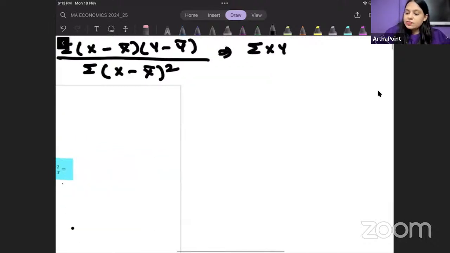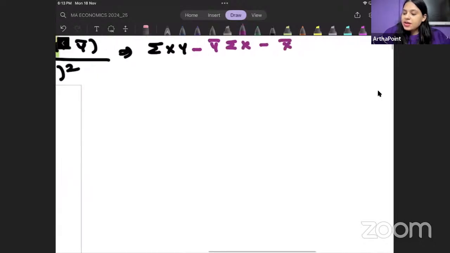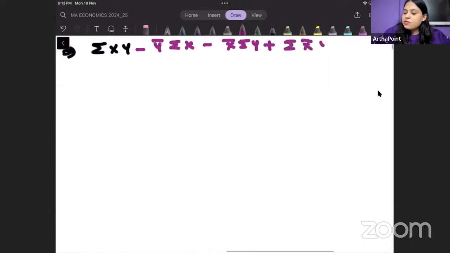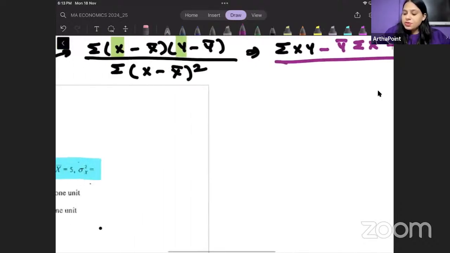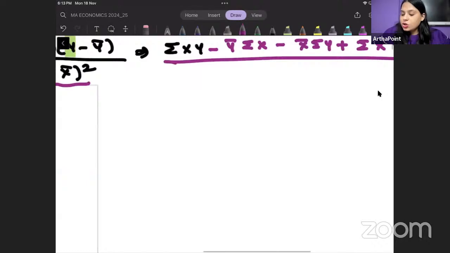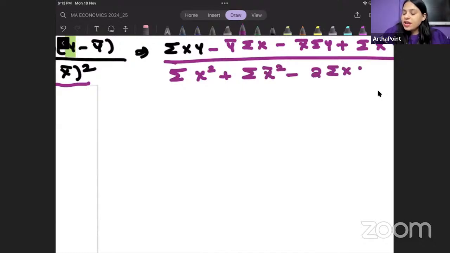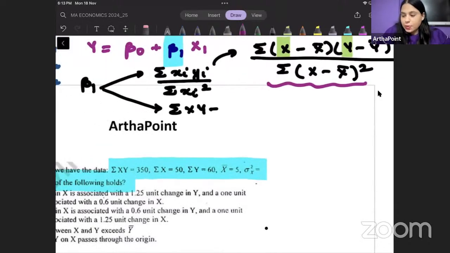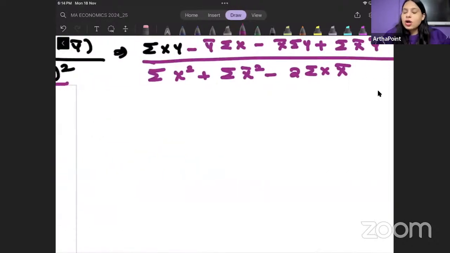Summation xy, minus y bar summation x, minus x bar summation y, plus summation x bar y bar, upon, when you open a minus b whole square, summation x square minus 2 summation x bar x plus summation x bar square. So if you don't remember the second formula well, you can open the first formula and do some tweaking, make some changes.